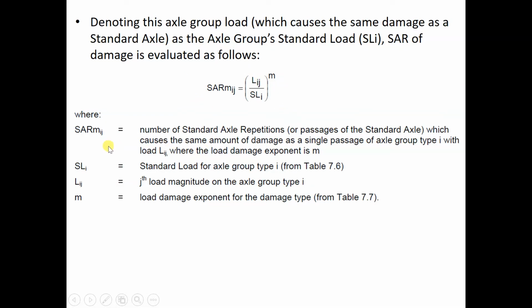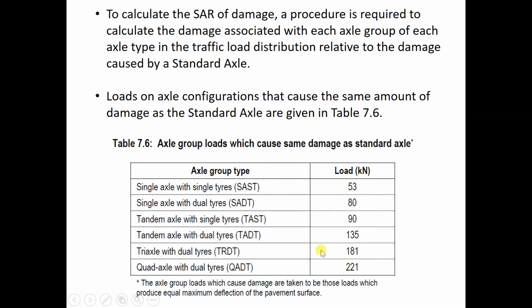So how do we get this? The SL is the standard load for the axle group from table 7.6. So these are values from here.